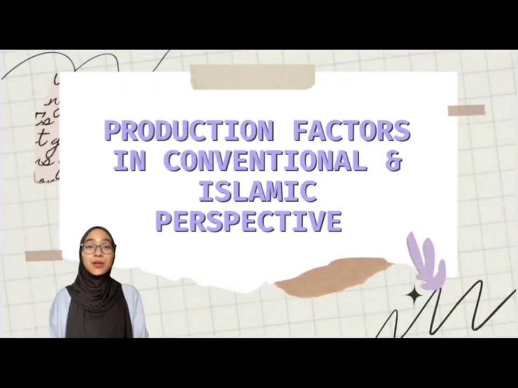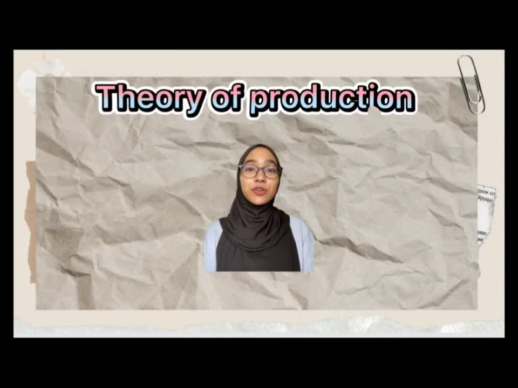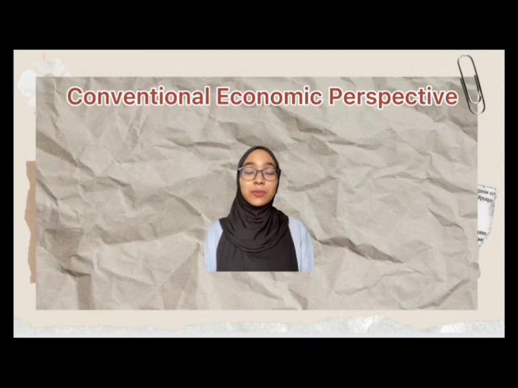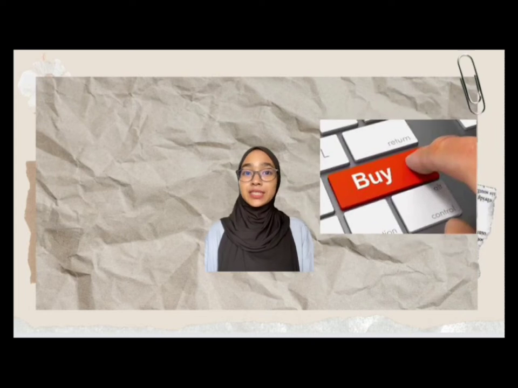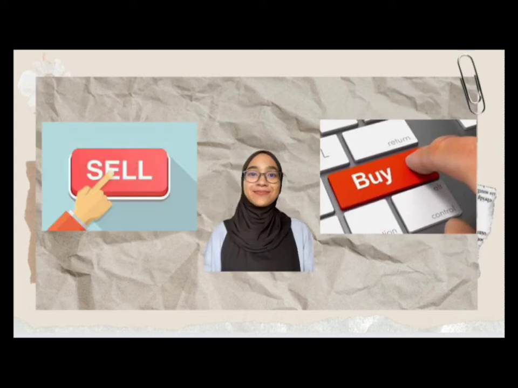Next, I would like to talk about the production factors in conventional and Islamic perspectives. First, the theory of production. In the conventional economic perspective, it is intended to provide understanding of companies' behavior in buying and using inputs for production and selling output.